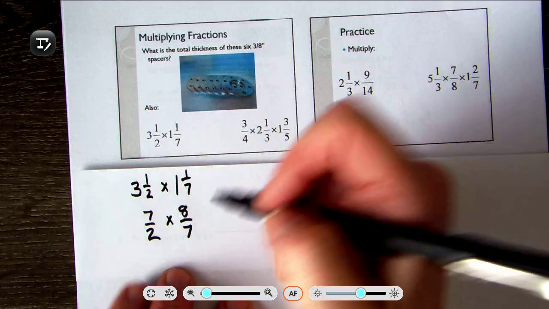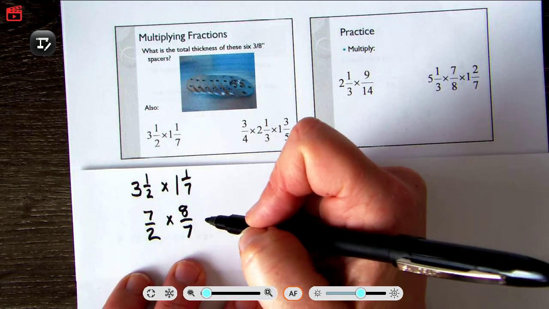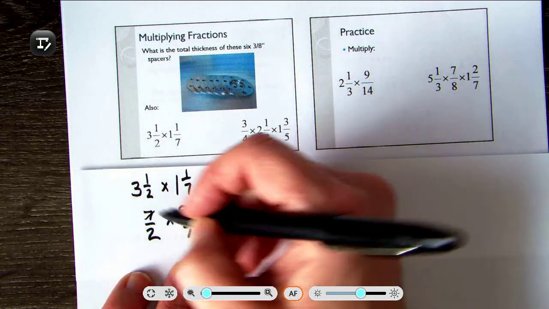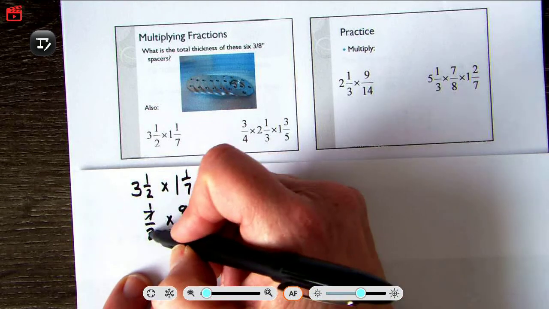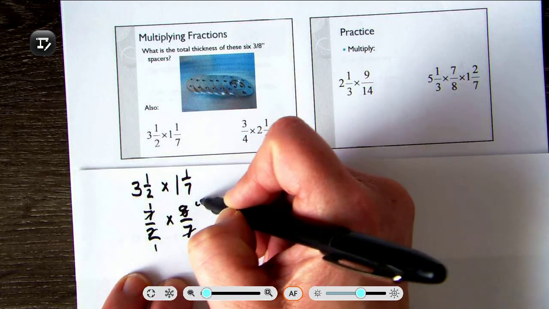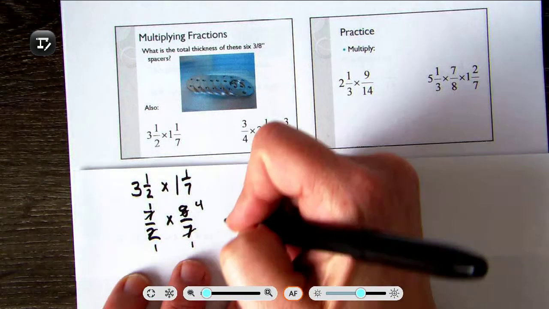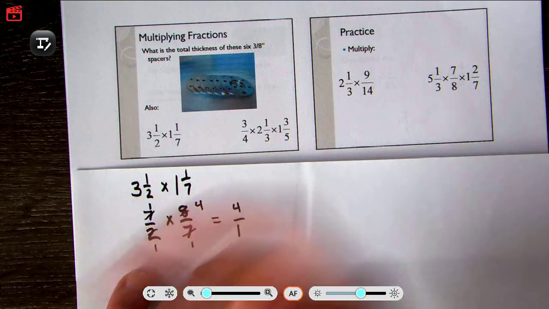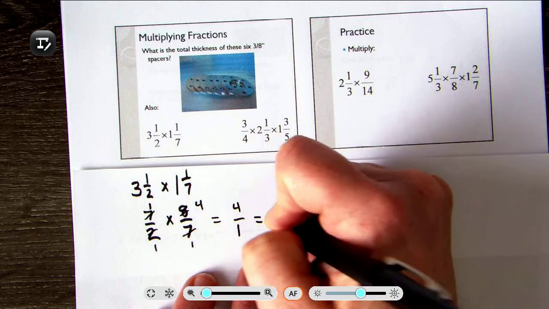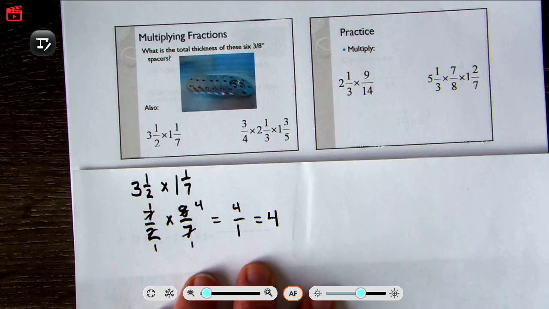Okay, I can reduce ahead of time. So 7 divided by 7 is 1, and the other 7 divided by 7 is 1. This is 1, this is 4, dividing each by 2. Multiplying across the top and across the bottom, I get 4/1, which is just 4.